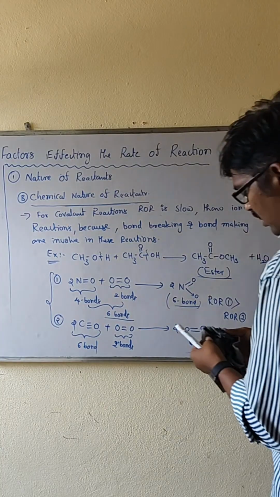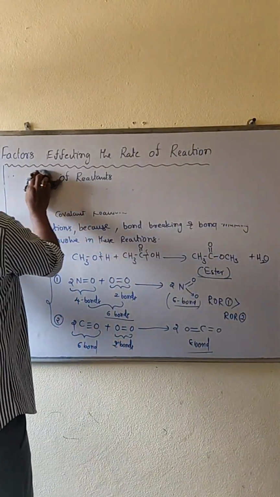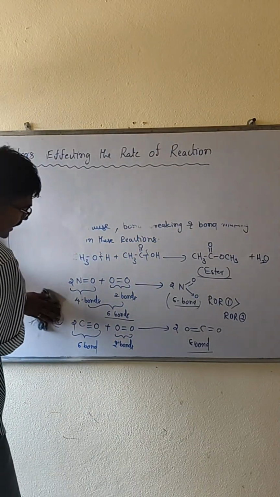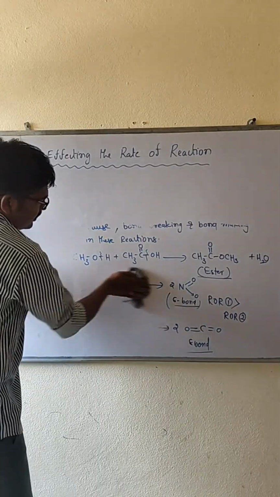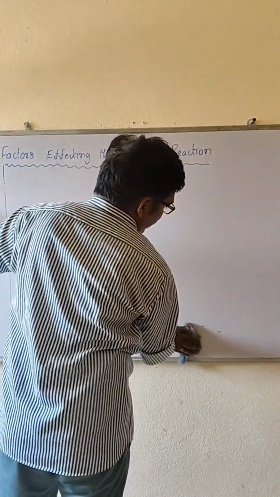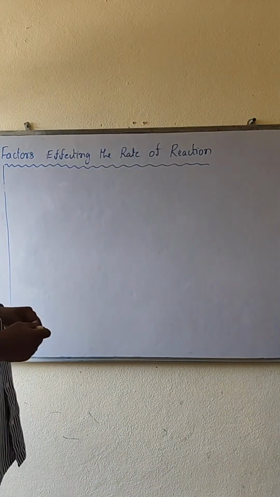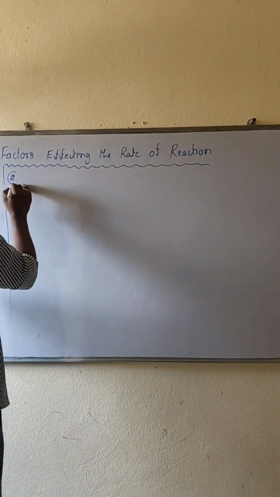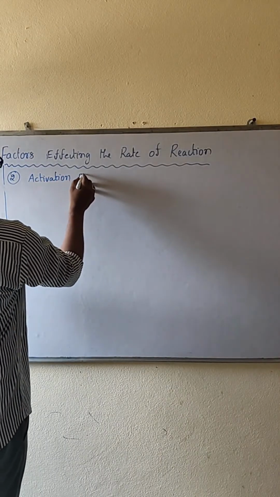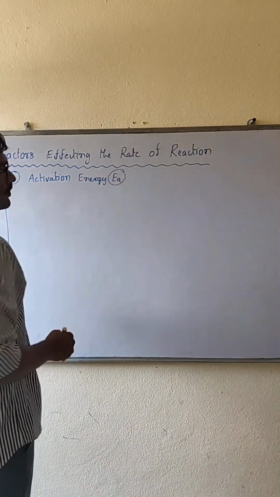Next we have to discuss, my dear students, the chemical nature of reactants and the physical nature of reactants are both done. Next we have to discuss activation energy. Look, how does activation energy affect the rate of reaction? So the second factor is activation energy, which we represent with EA.